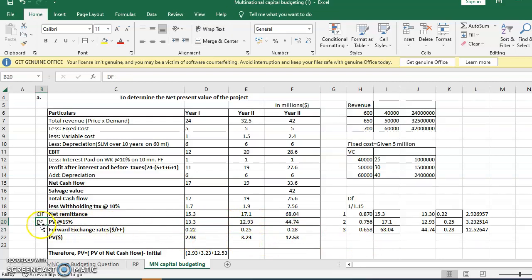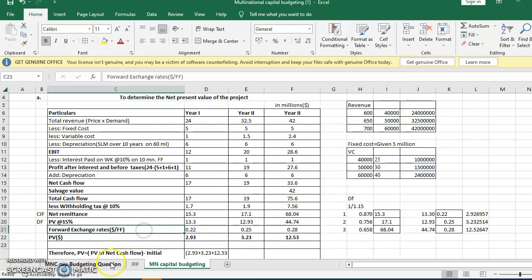Okay, so we have taken the discount factor and then directly calculated the PVCIF in this case, right? 13.3 and 12.93 and 44.74. Forward exchange rate is given to you in the question, because we have to convert the French francs into dollars.